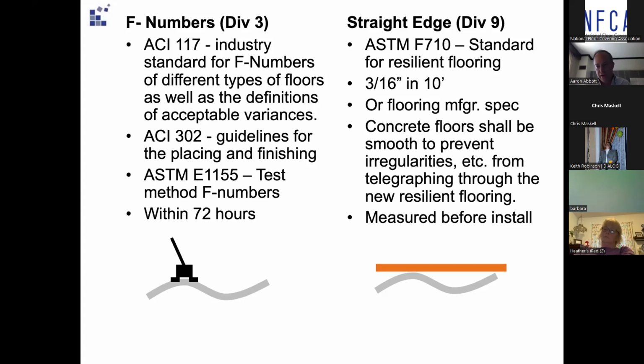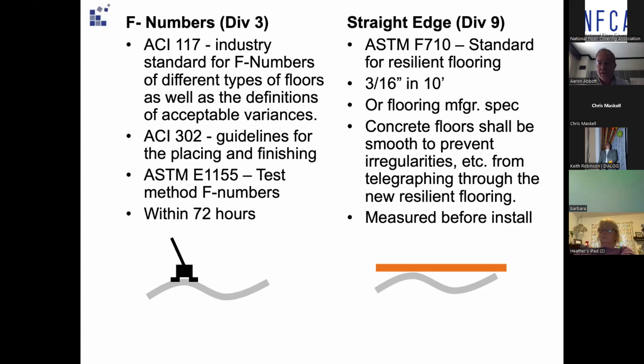The floor covering industry typically uses a different method. They're very frequently using a straight edge. They're reading standards like ASTM F710, which is a standard for resilient floor covering installation.